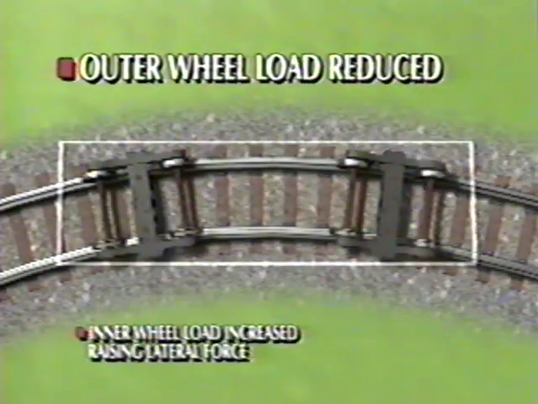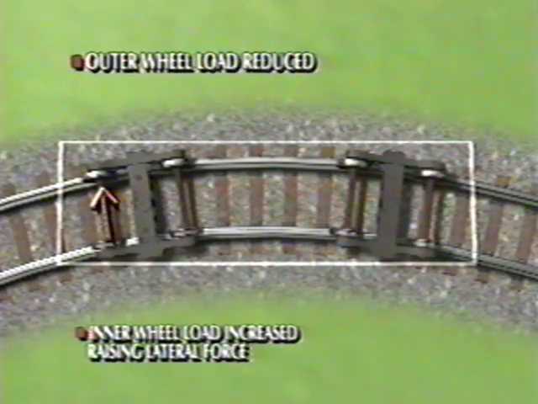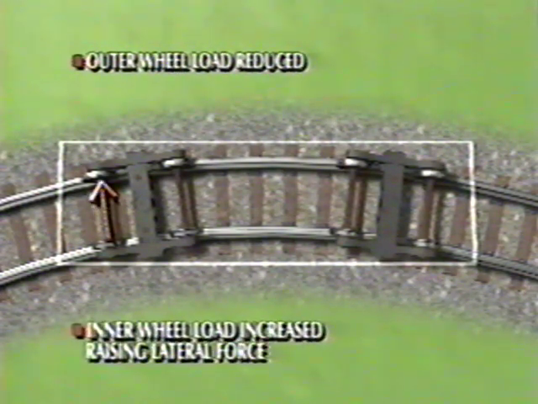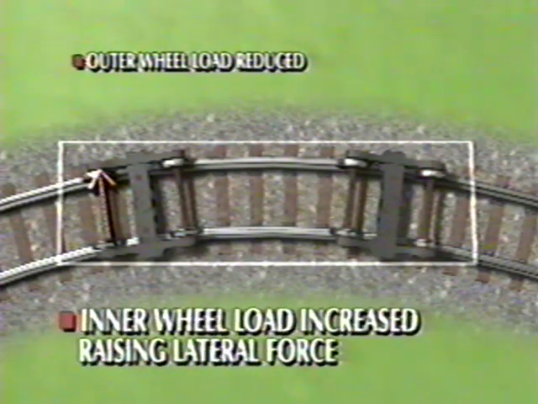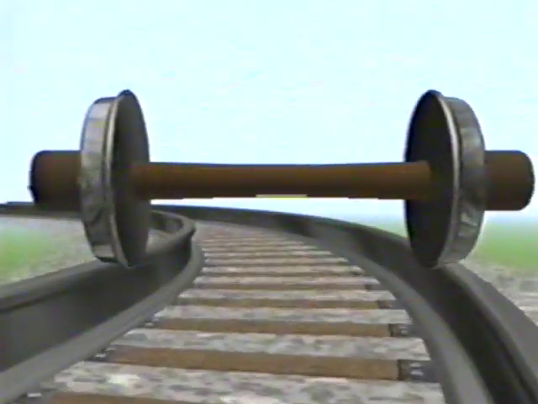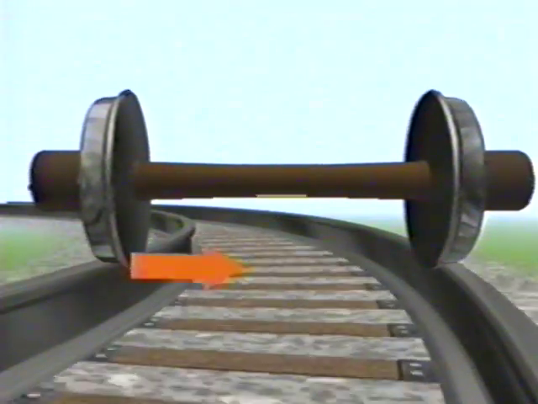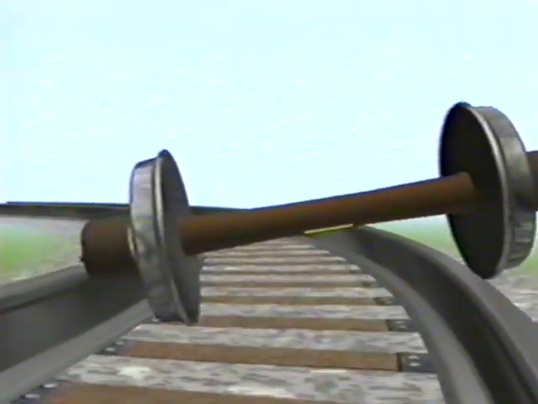First, the load pushing the outer wheel down on the rail is reduced. Secondly, the increasing load on the inner wheel increases the lateral force that pushes the wheel set into the outer rail. Eventually, a point may be reached where enough load is transferred from the outer to the inner wheel to cause the outer wheel to climb up and over the rail, derailing the car.